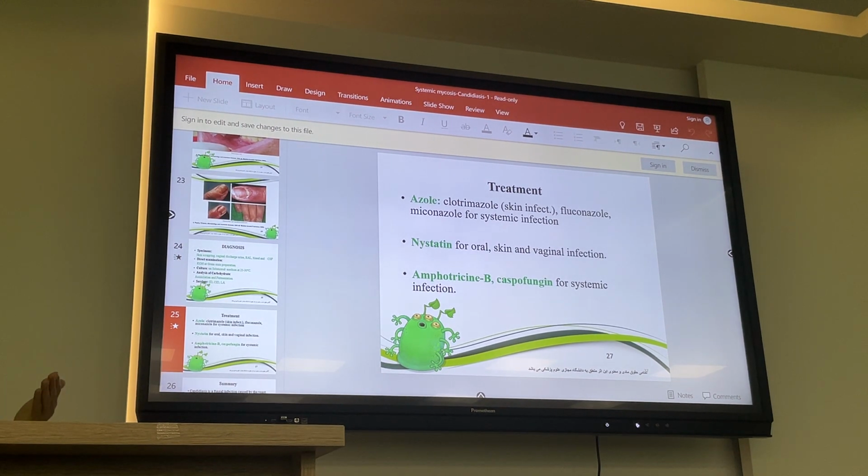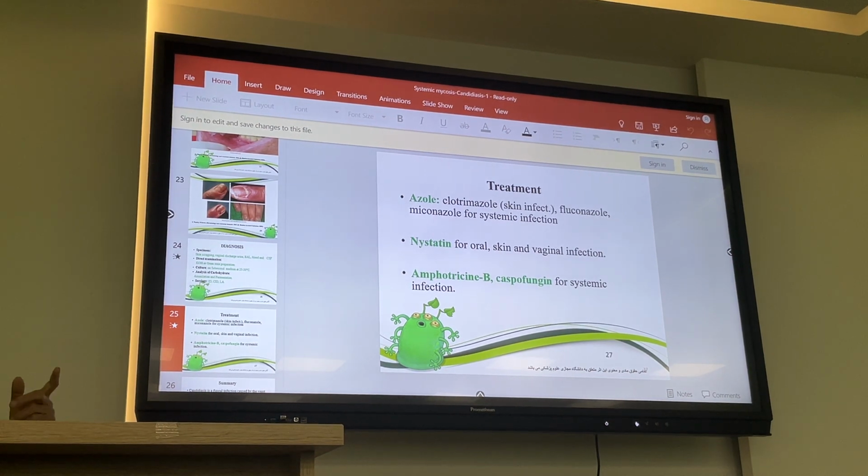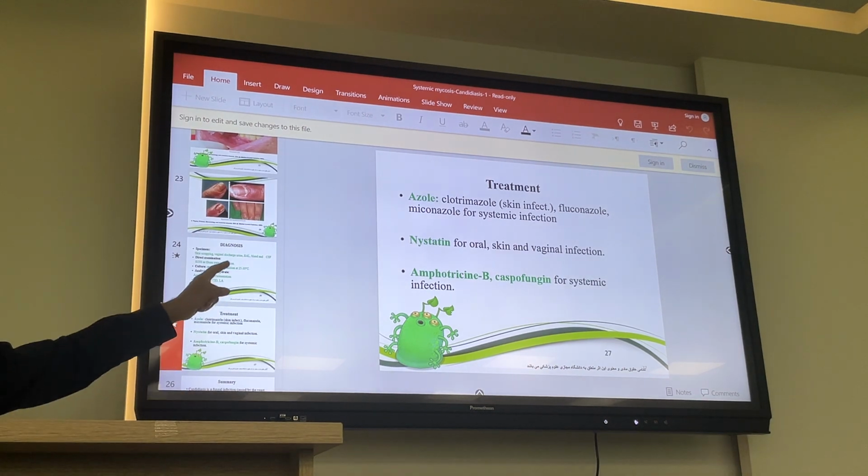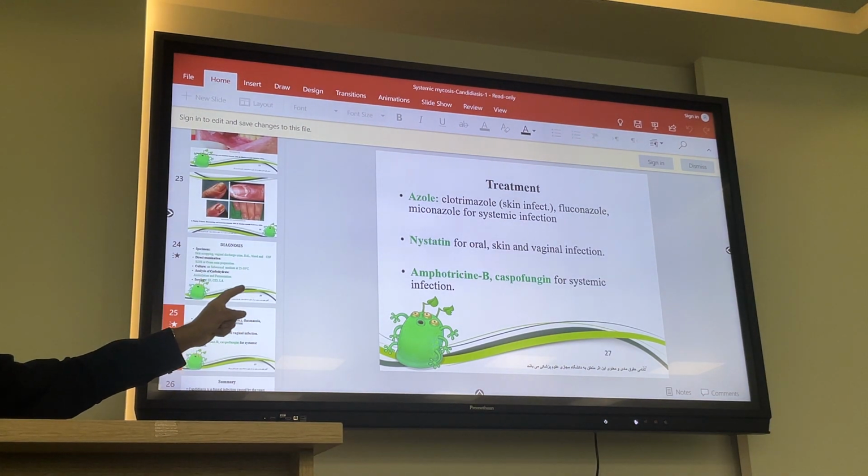In oral treatment, we use it locally, in addition to systemic. When you use a tablet, it is taken orally and affects the oral cavity lesion. For treatment of candidiasis, nystatin is the selective drug.